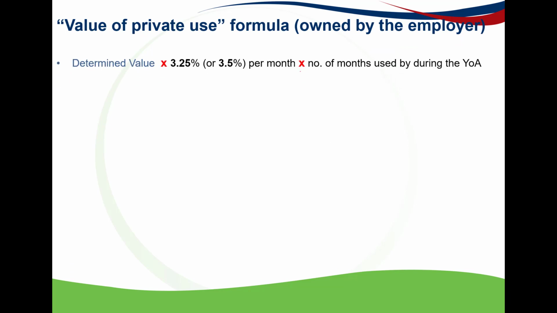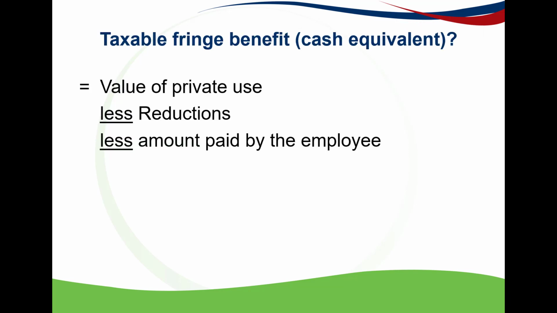The value of private use, how do we determine that? Remember, if we go back to our previous slide, we determine the taxable fringe benefit by looking at the value of private use as our first variable.